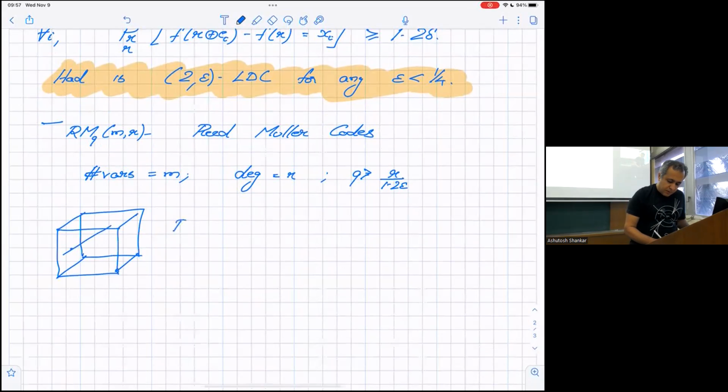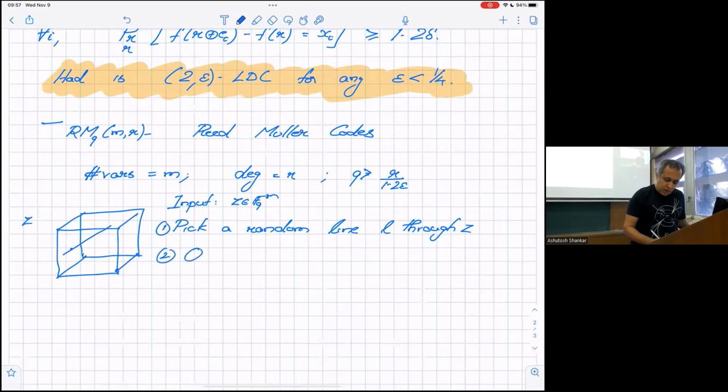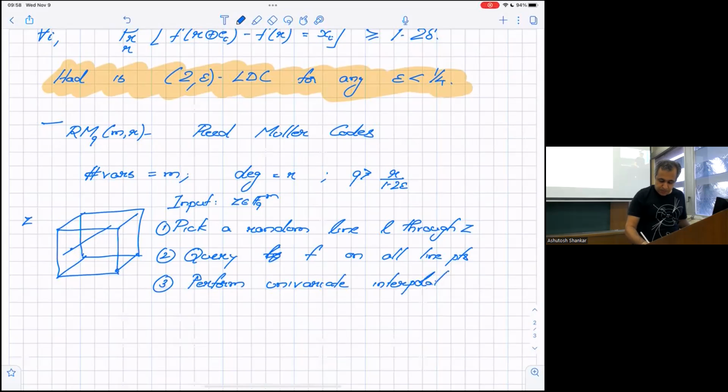So I just pick a random line L. For any input Z in F_q to the m, pick a random line, query F on all points on the line, perform univariate interpolation, and output the value.